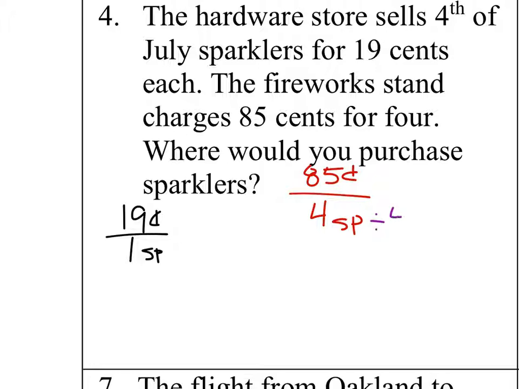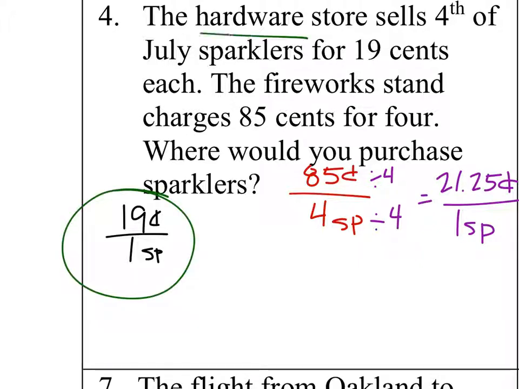So we'll divide this by 4. And what is that? 21.25. Very good. Cents for 1 sparkler. So where would you purchase your sparklers? Well, hopefully from the hardware store, because it's a little bit cheaper per sparkler.